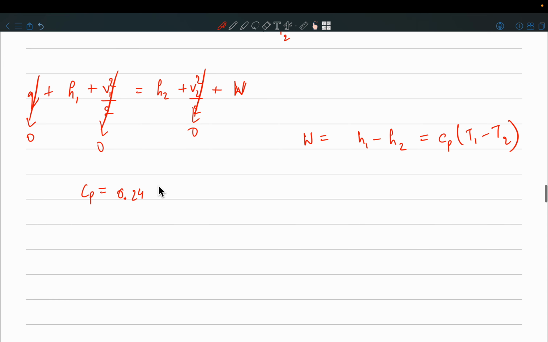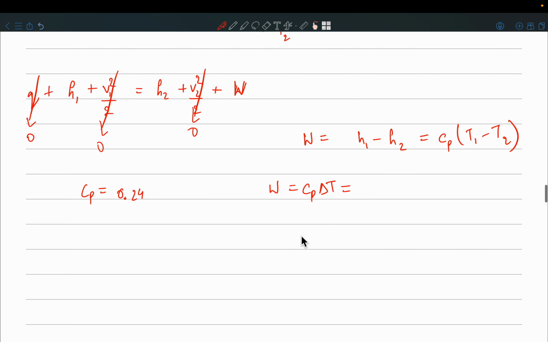Yeah, so most of the questions that I'm having are in the FPS units. Okay, so the work you can find over here, which is Cp delta T.